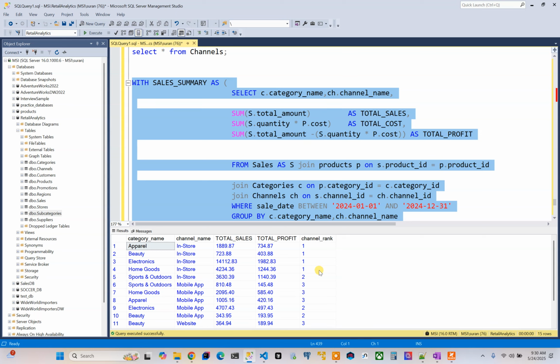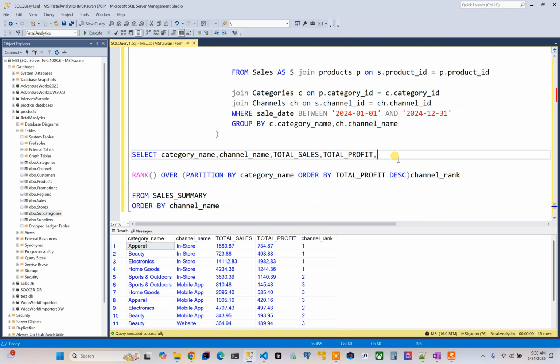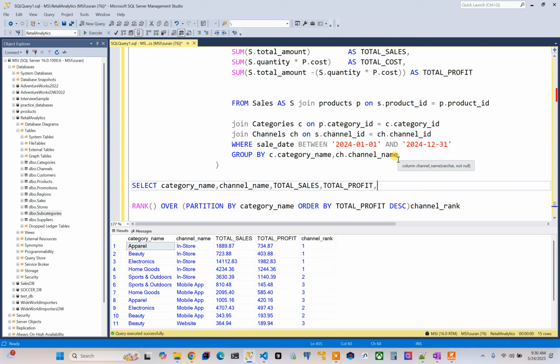So here you can see that we got the output, but one thing is missing. We want percentage profitabilities. So how can you get the percentage profitabilities? In order to get it, you need to do some kind of custom metrics.